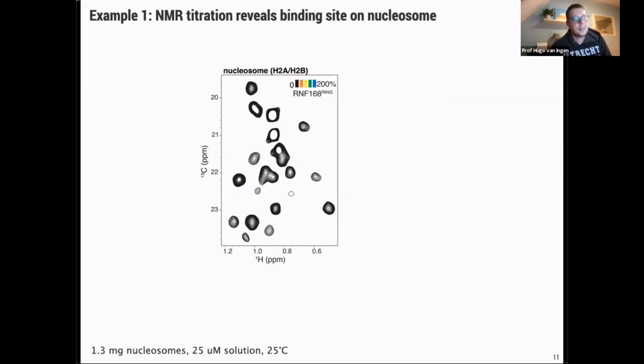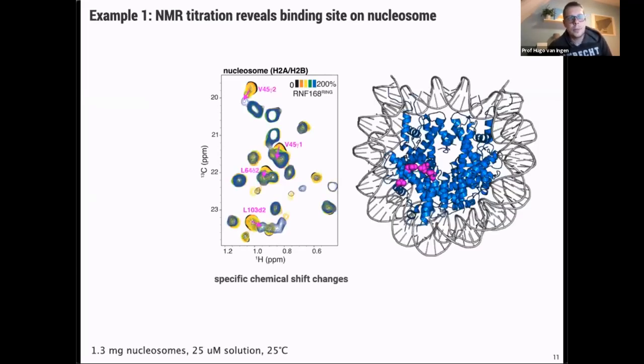And we then just simply added this RNF E3 protein to the sample and recorded the spectrum again, and did it again and again and again to monitor these changes in chemical shift and in peak intensity. And indeed, we find that there are specific changes in the spectrum for methyl groups, and these all localize together on the nucleosome surface, indicating that this is the binding surface for the RNF E3 protein.